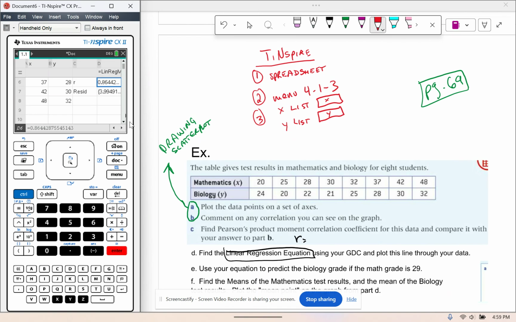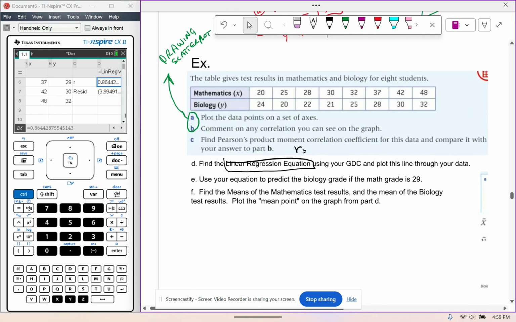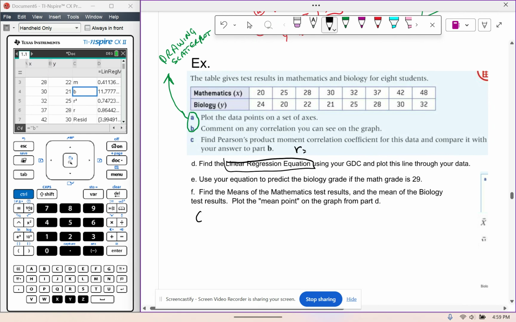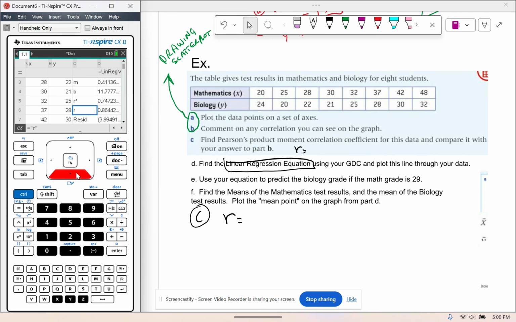First I want to point out, for letter C, it's asking for the Pearson correlation. So that is represented by R. My correlation, where R is 0.864 if I use 3 sig figs.